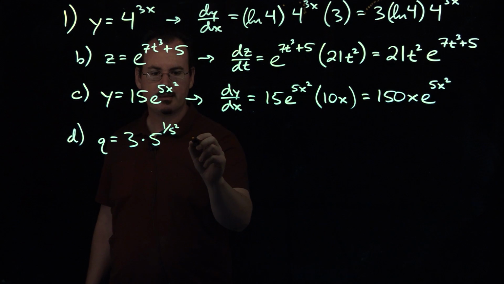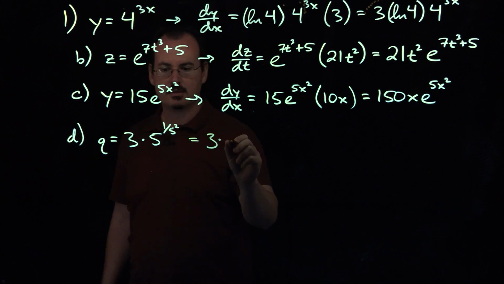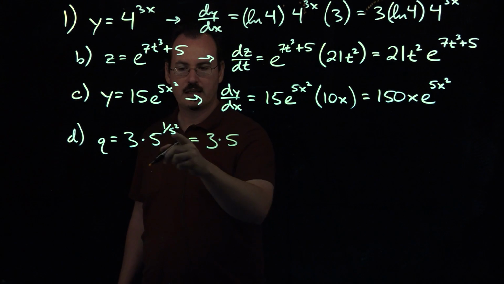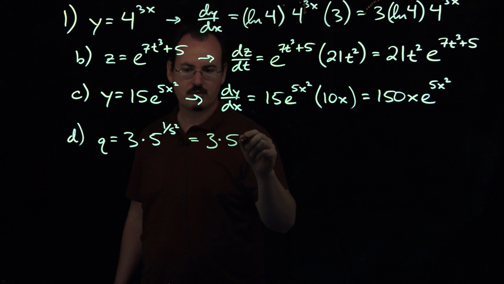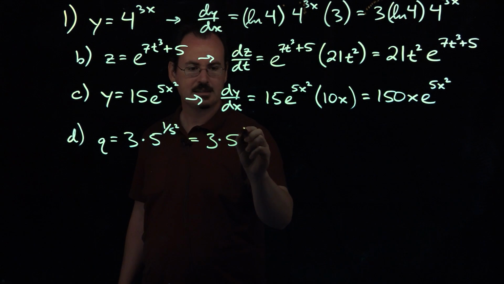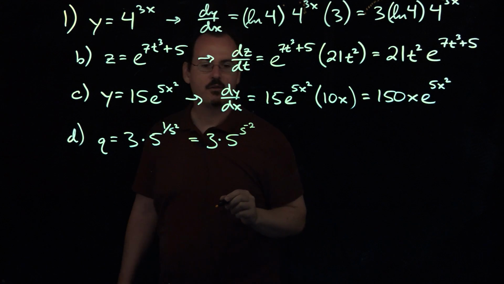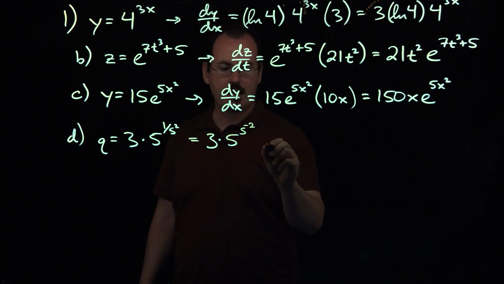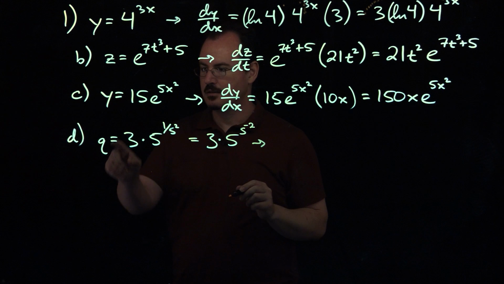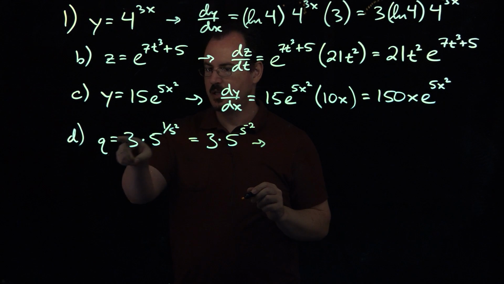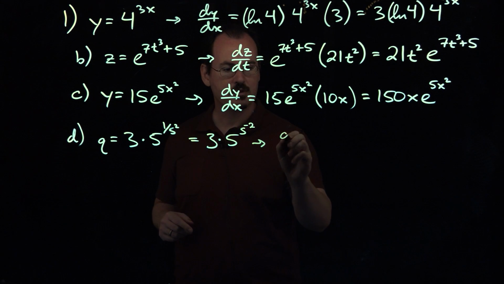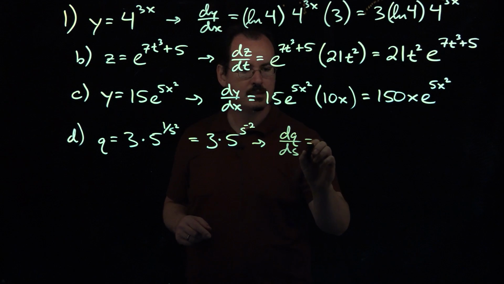But let's go ahead and rewrite the function a little bit before we take its derivative. I've got 1 over s squared, I'm just going to rewrite that as s to the power of negative 2. So now we'll take the derivative, and again, q is the dependent variable, s is the independent variable, so this derivative is called dq ds.